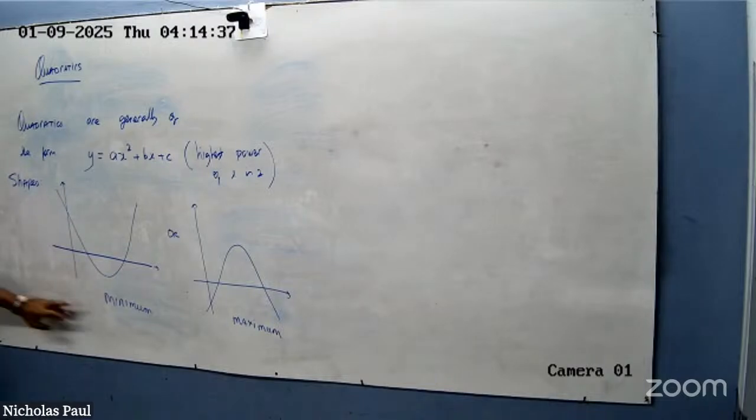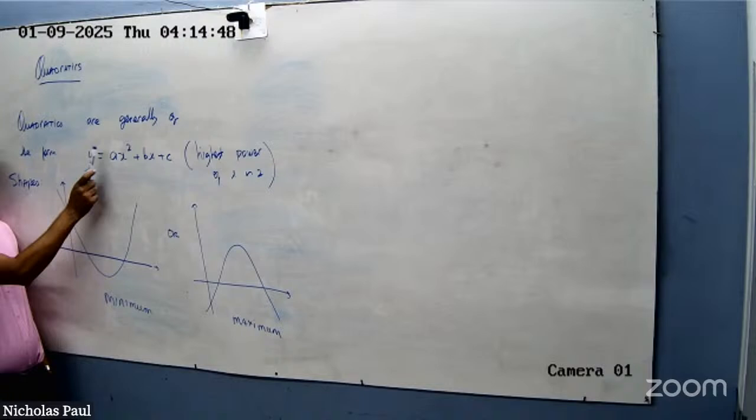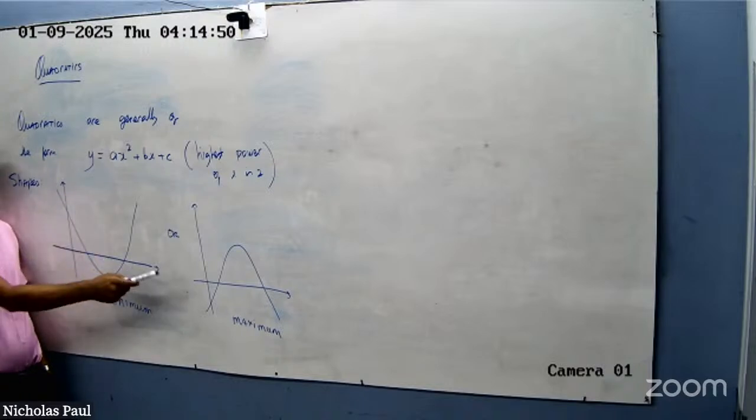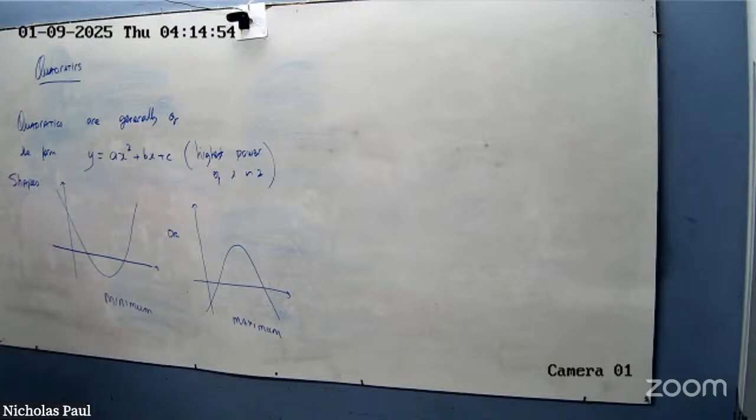So we need to be able to take something like this and get these things. We need to be able to solve a quadratic to get those things.